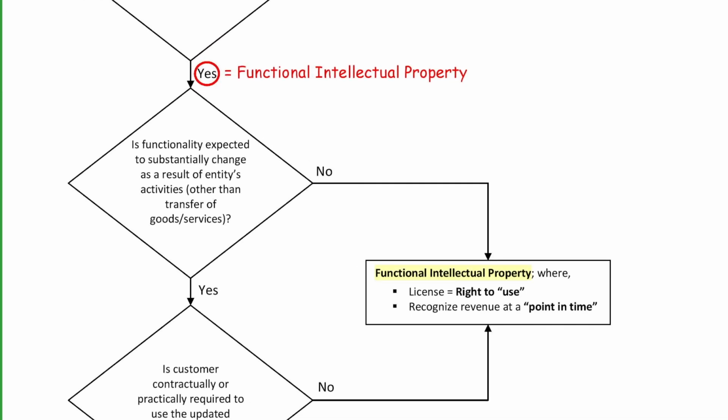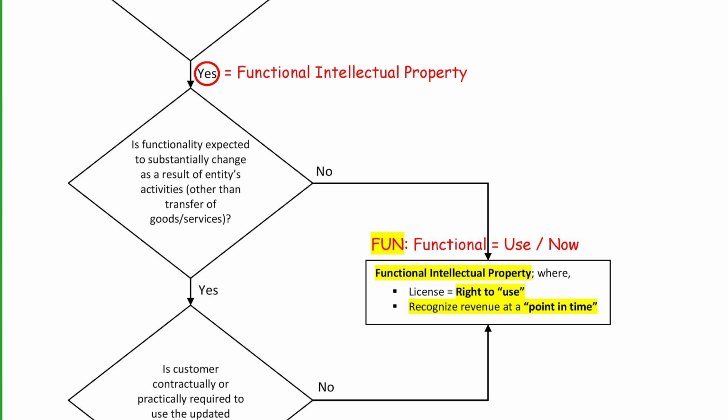And functional intellectual property, that's a license which is a right to use, and recognize revenue at a point in time, maybe right now. So we said Saturdays are fun. So write FUN, that's functional use now.